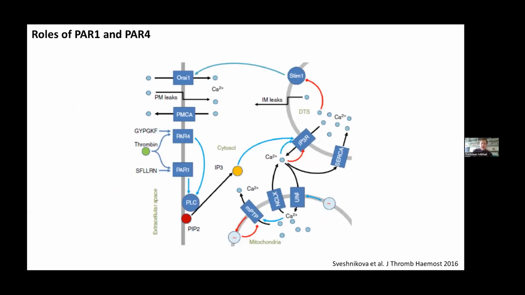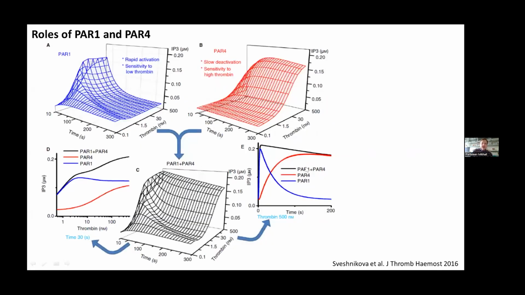Another story that we came across when we came in contact with the practical problems is PAR1 and PAR4 signaling. These are two thrombin receptors that are very similar, but different in their affinity and lifetime, but they have almost the same signaling pathways.